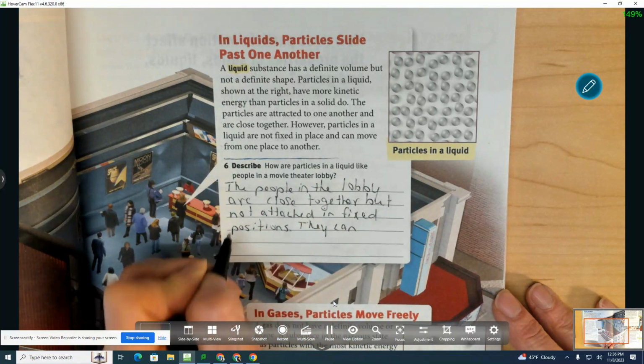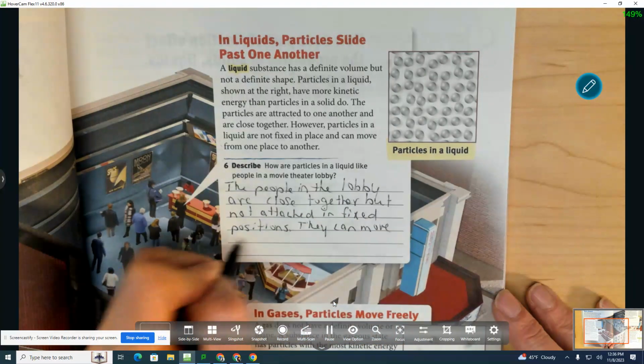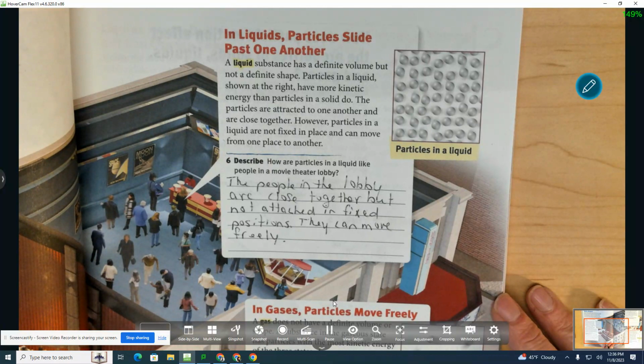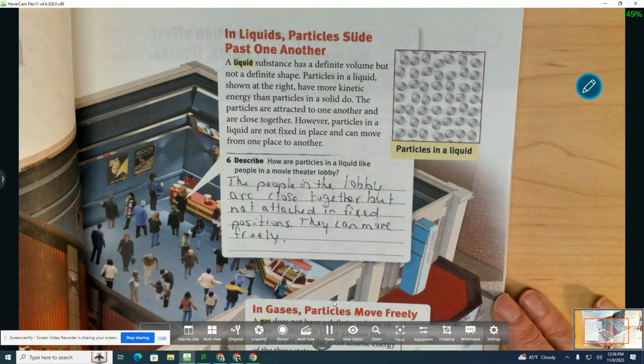They can move freely. Okay, if you need to pause the video to continue writing and get that done, go ahead and pause it and then you can hit play again.